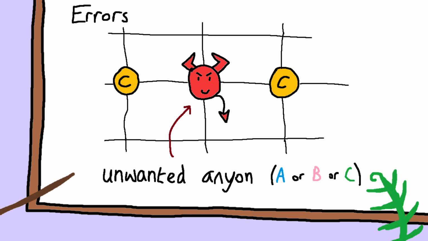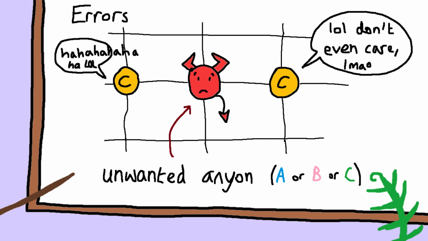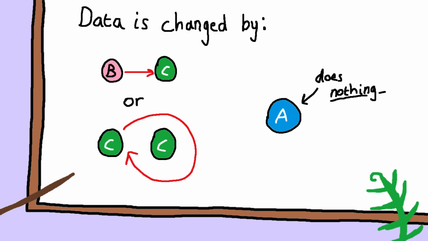From what we know about our anyons though, this doesn't actually affect our data straight away, or sometimes at all. The only way for our 1s and 0s to change is by fusing B's and C's, or by braiding two C anyons together. So only randomly spawning B or C anyons can mess up our calculations.